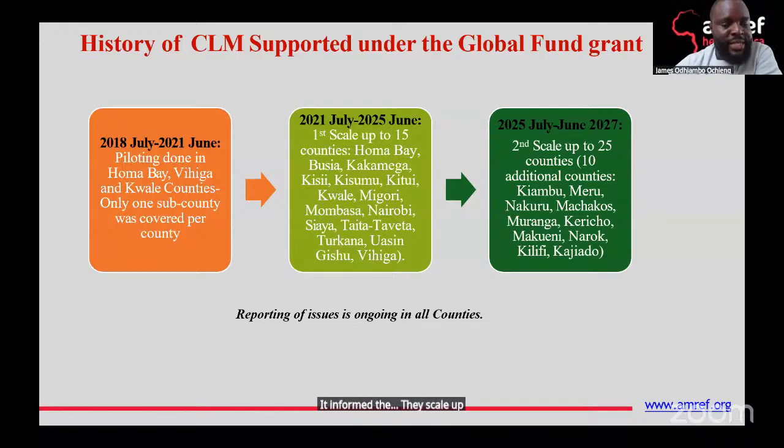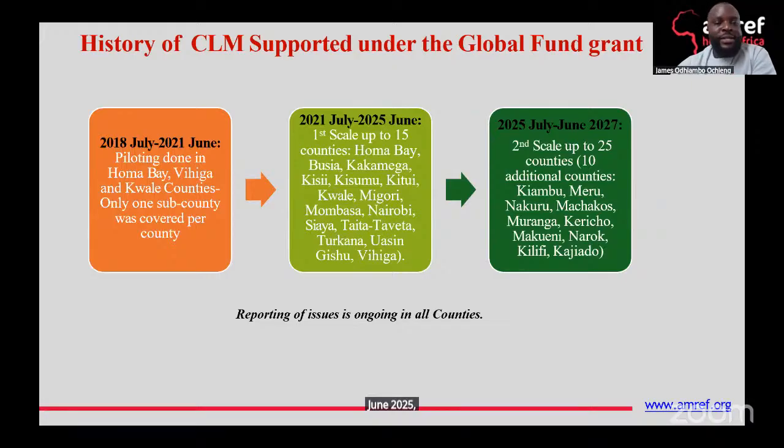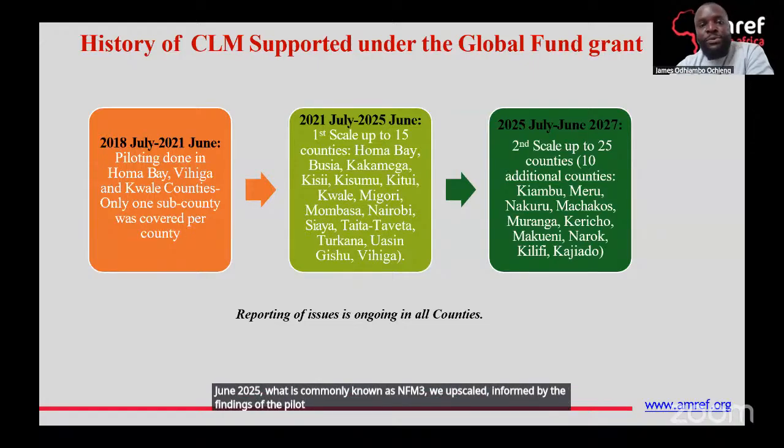Like the good results that we got based on the piloting informed the upscaling of CLM, and that's in the new Grant Cycle of July 2021 to June 2025, what is commonly known as NFM3. We upscaled, informed by the findings of the pilot phase. So we scaled up to 15 counties, covering now the entirety of these counties.